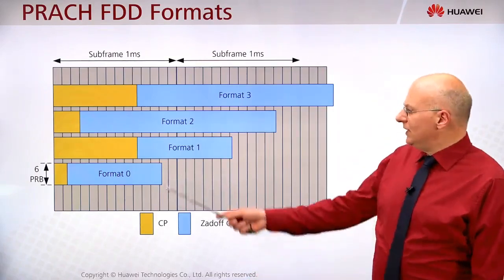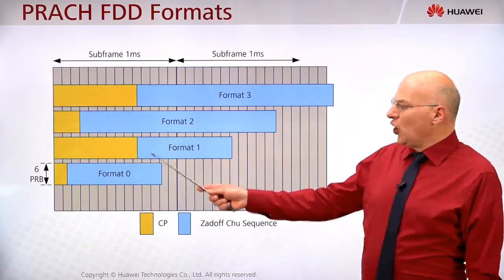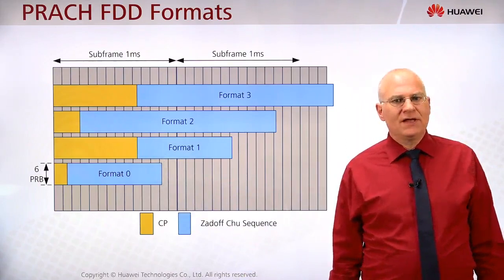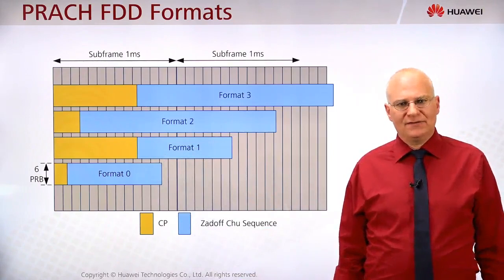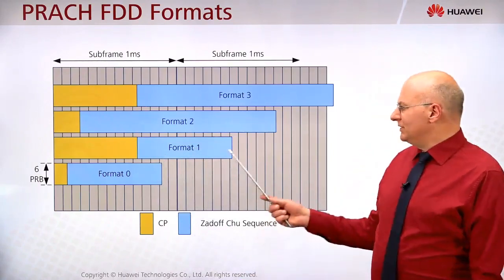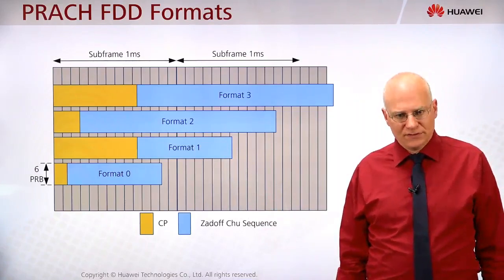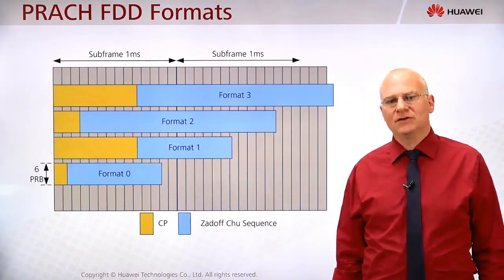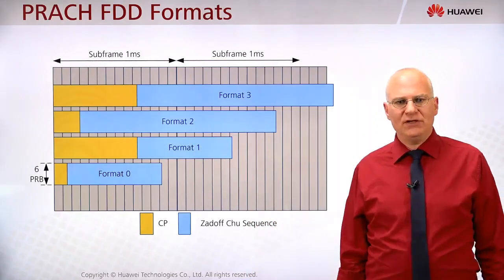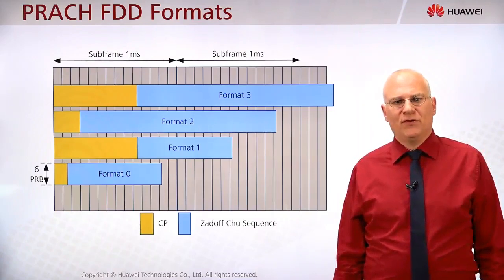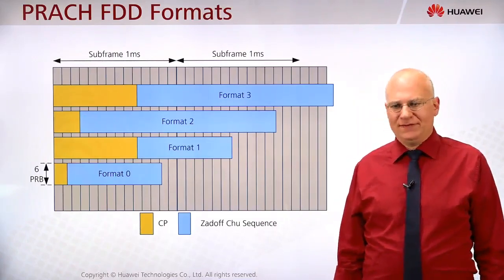But format 1 has a much longer cyclic prefix and uses the same symbol length as format 0, but it doesn't fit in just one subframe. It needs 2 subframes with a longer guard period. So it's suitable for larger cells and for high delay spreads.